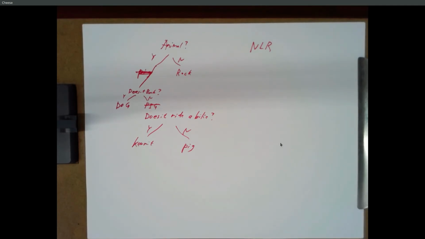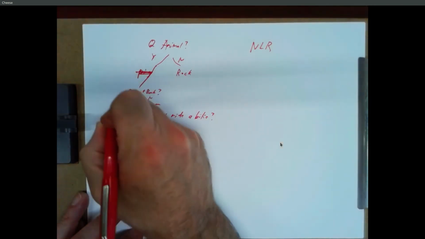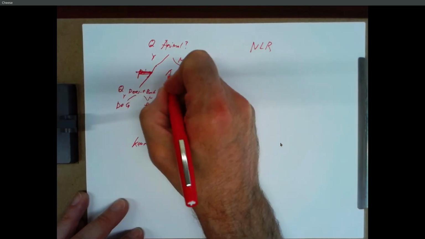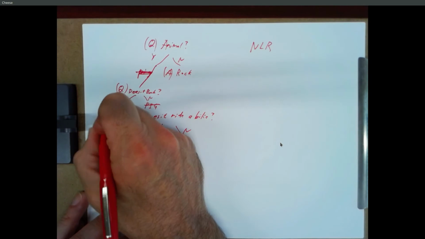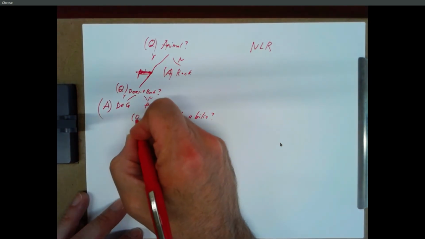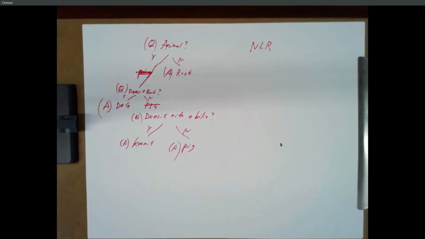So I'm just putting question marks on the end of these things to represent my flag, but let's just say this is a question, this is a question, this is an answer. I'll put them in parentheses. So you can have a Boolean in your node, question, and it's true if it's a question, false if it's an answer, or whatever you like.